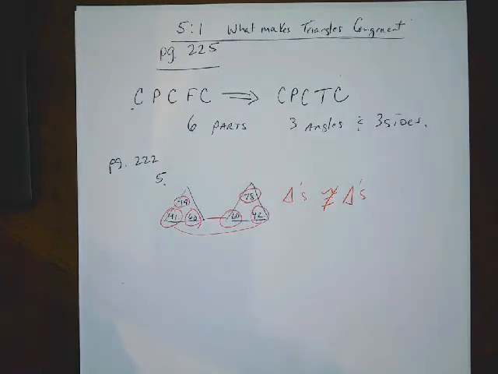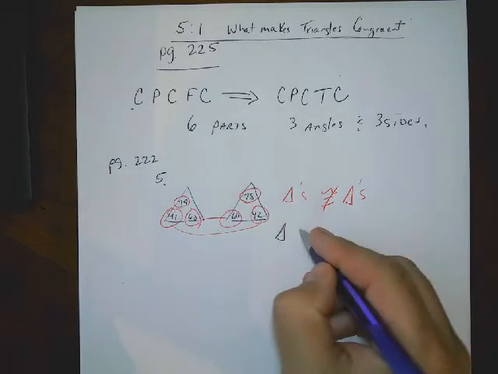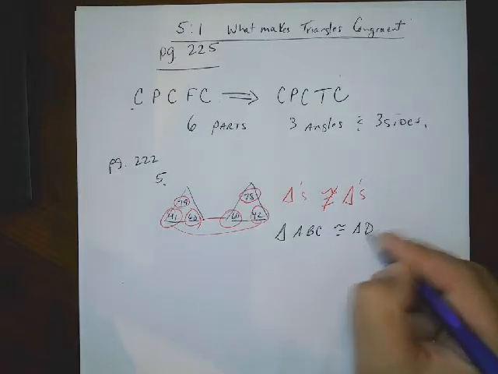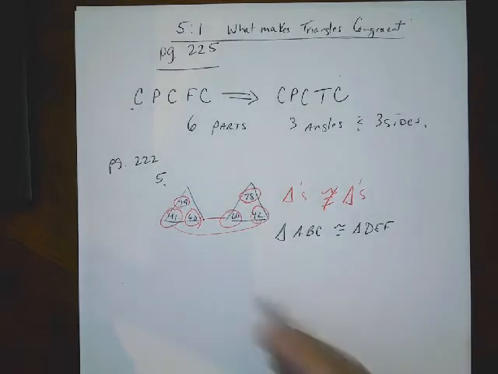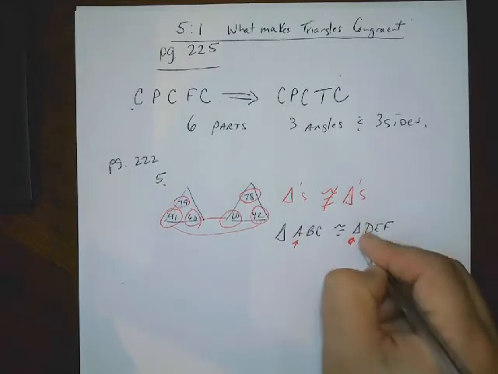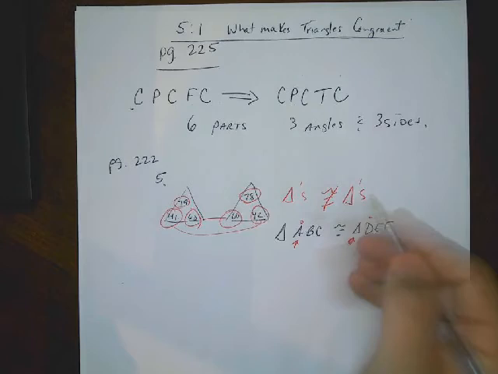Okay, so what about how they're named? So now if we say that they're congruent, let's just say that triangle ABC is congruent to triangle DEF. Without looking at a picture, remember that everything has to match up. Everything has to match up. The A and D would have to be congruent.